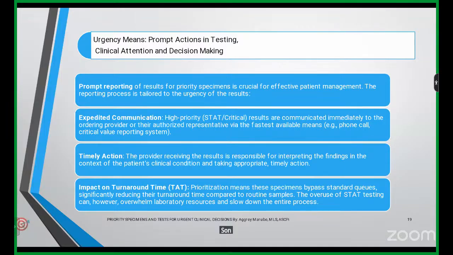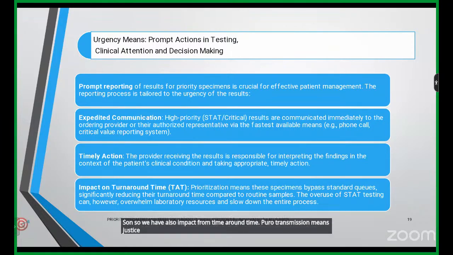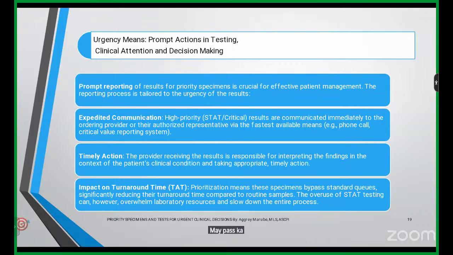So we also have an impact on turnaround time. Prioritization means these specimens bypass standard queues, significantly reducing their turnaround time compared to routine samples. The overuse of STAT testing can, however, overwhelm laboratory resources and slow down the entire process.